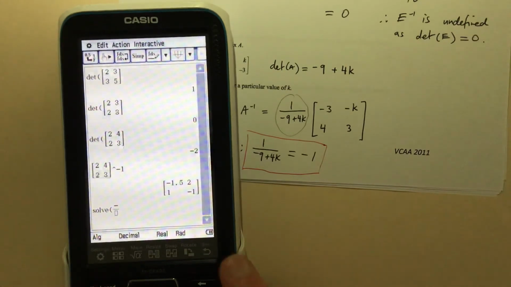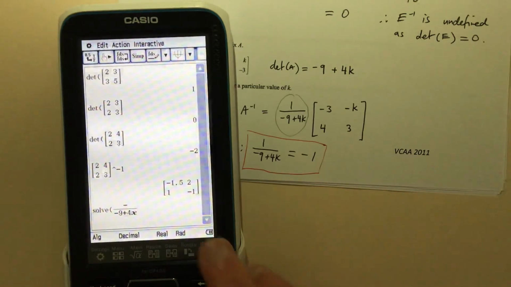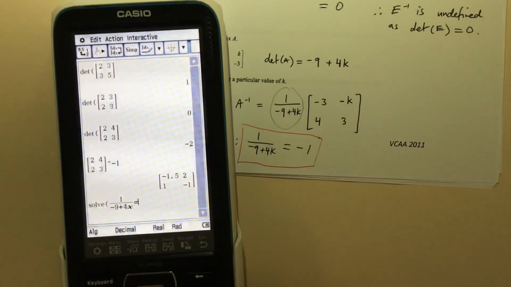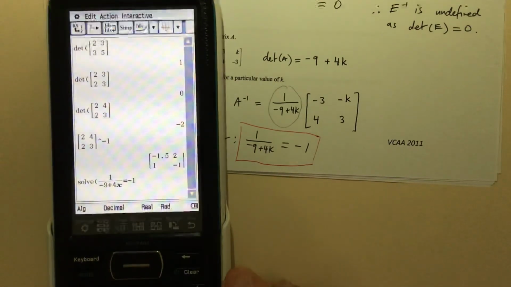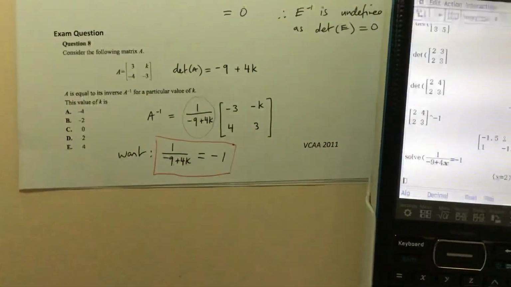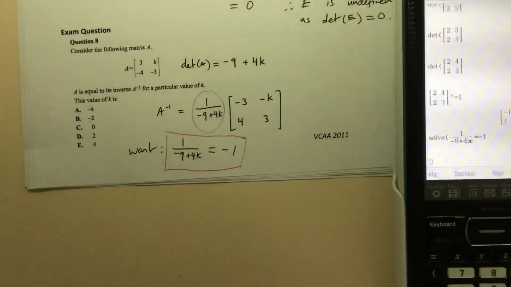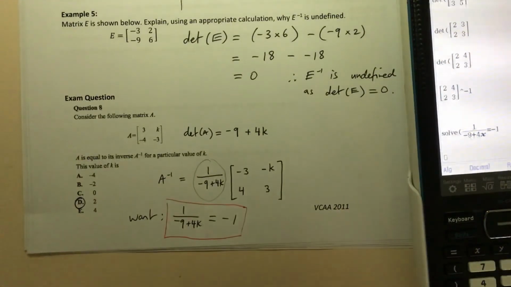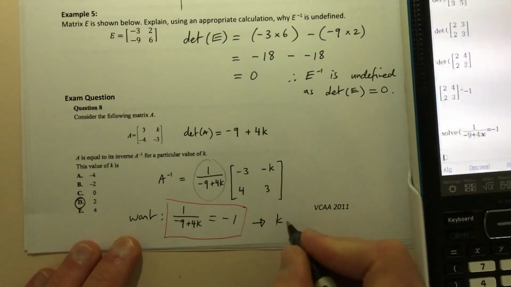So we've got 1 over -9 plus, now you can go to the keyboard and use K. I'm just going to use X because the calculator always tries to solve for X. So like I said, you can bring up K in the keyboard, but I'm just going to use X. And we get X equals 2. We're going to hope that's one of our options. Yes, it is. So we're going to be happy that the answer there is that K is equal to 2.